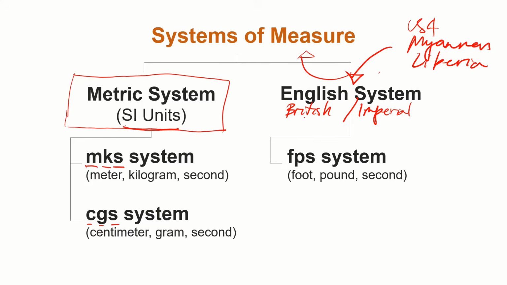Yung Philippines, for example, use metric system. But from time to time, if it is needed, we can use English system or we can use metric system. So we can switch back. But the main system of measure for standard measurement na ginagamit ng Philippines and most of the countries around the world is the metric system.